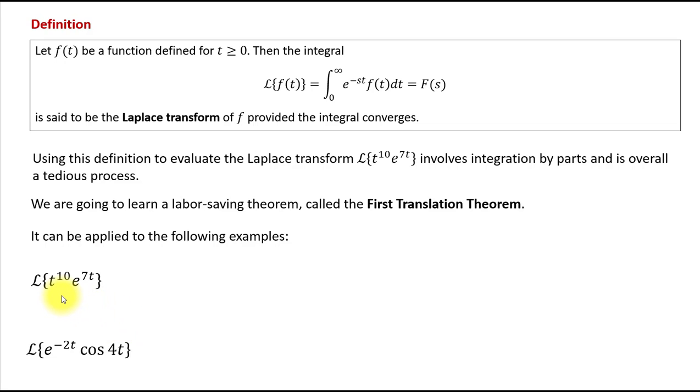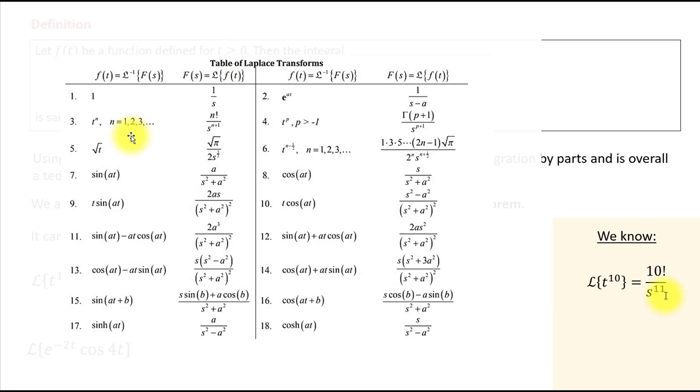So if I focus on the first one, then all I need to know to evaluate this Laplace transform using the first translation theorem is the Laplace transform of the function t to the power 10. And we already know that the Laplace transform of this function is 10 factorial over s to the power 11. And as a quick reminder, I just used the table of Laplace transforms to find that.